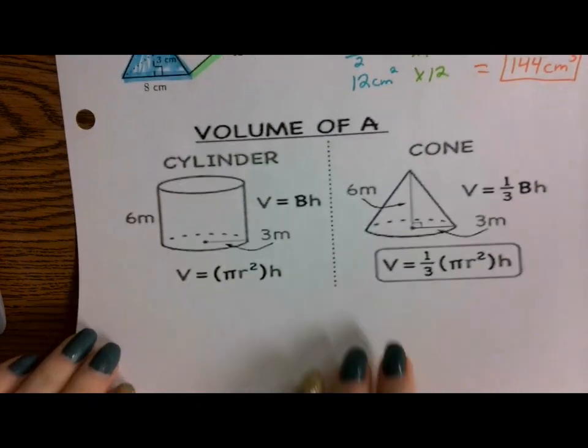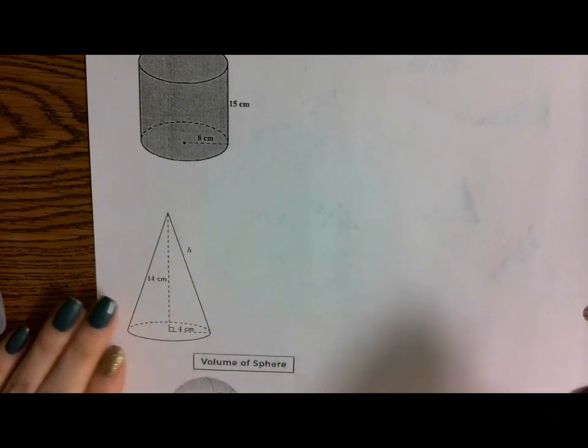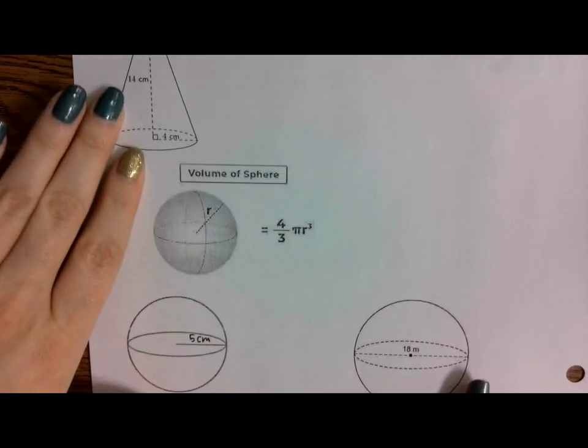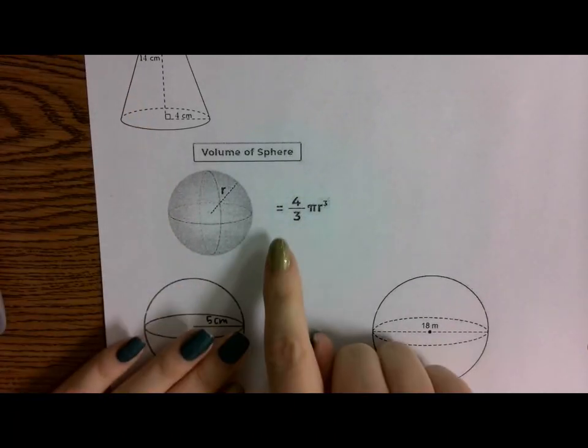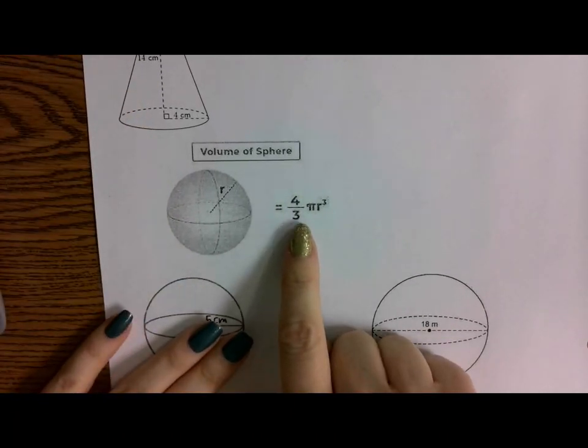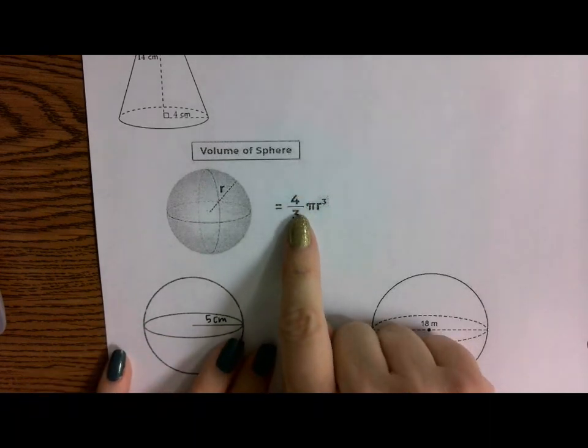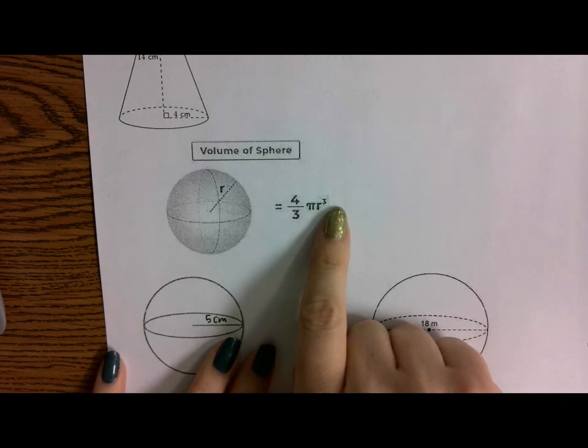All right, with that in mind, turn it on over to the back. Don't do these 2 problems yet. I want you to now look at the volume formula for a sphere. For a sphere, to find volume, you do 4/3 times pi times r cubed.